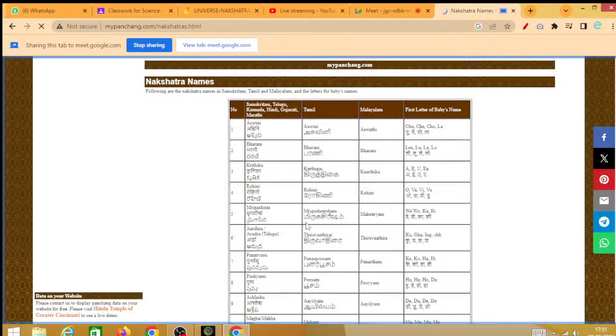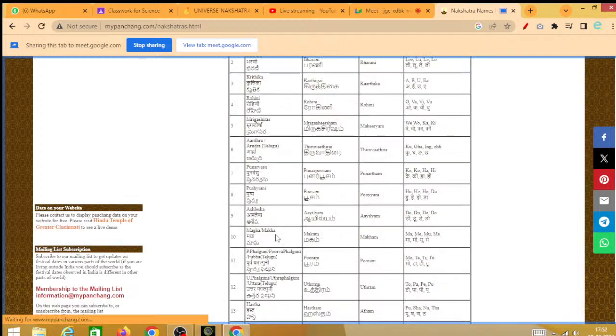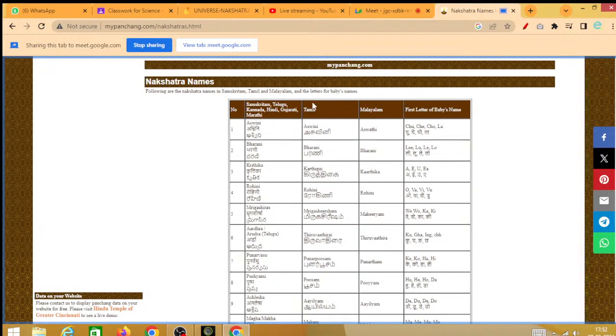See, these are the names which are given in Hindi, and like we said, Magh Makha, Falguni Purva Makha. And in Tamil, in Malayalam they have given: Ashwin, Bharyani, Kartigai, Rohini, Mrigas, Shiraz. But what is the corresponding name in Marathi?